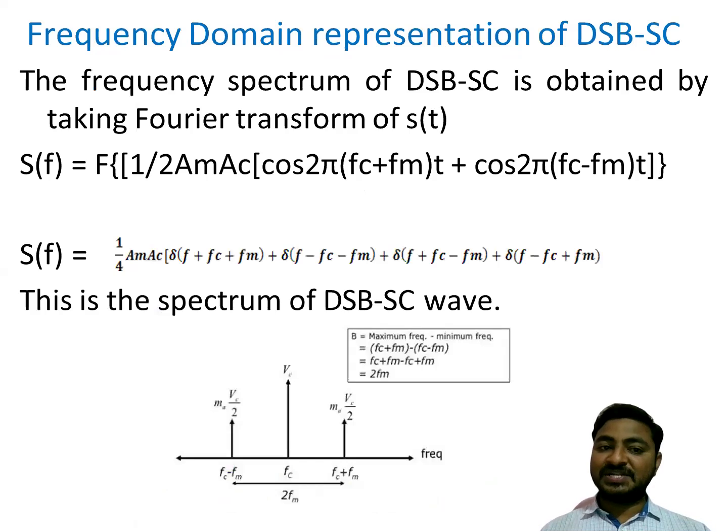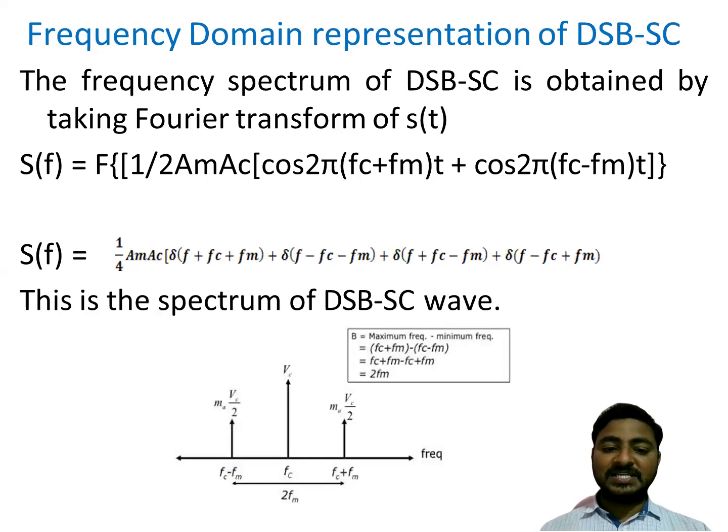Frequency domain representation of the DSB-SC. The frequency spectrum of DSB-SC is obtained by applying a Fourier transform on the DSB-SC signal. Then the Fourier transform of s(t) is S(f), which is the Fourier transform of c(t) times m(t), and is 1/4 Am Ac [δ(f + fc - fm) + δ(f - fc + fm) + δ(f + fc + fm) + δ(f - fc - fm)].